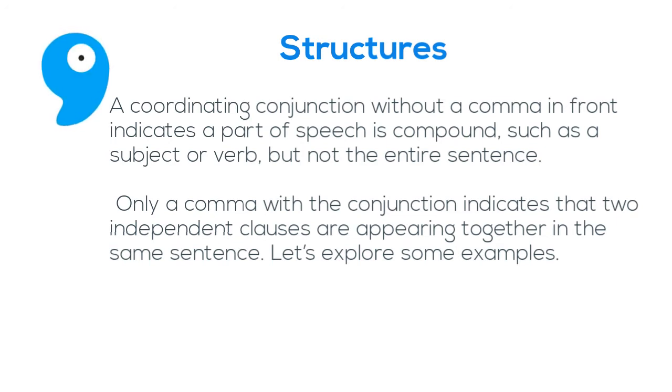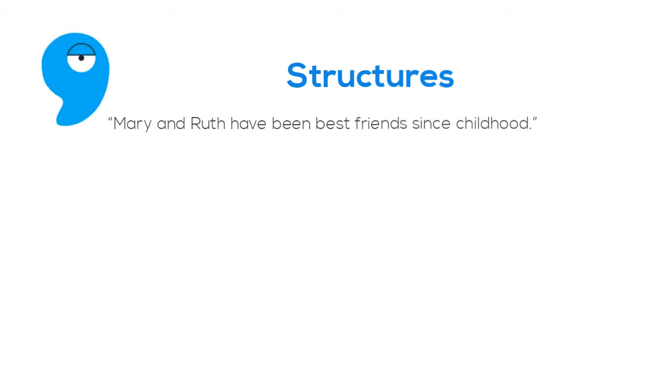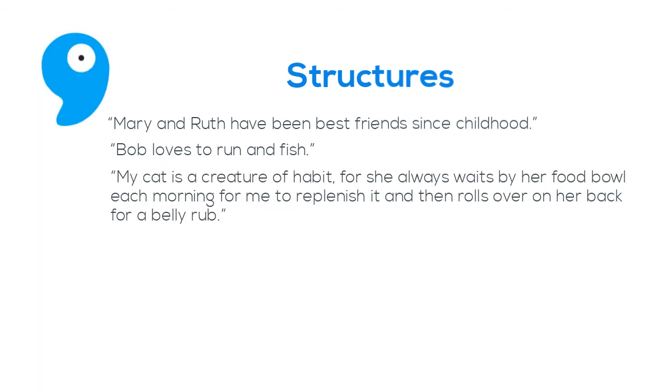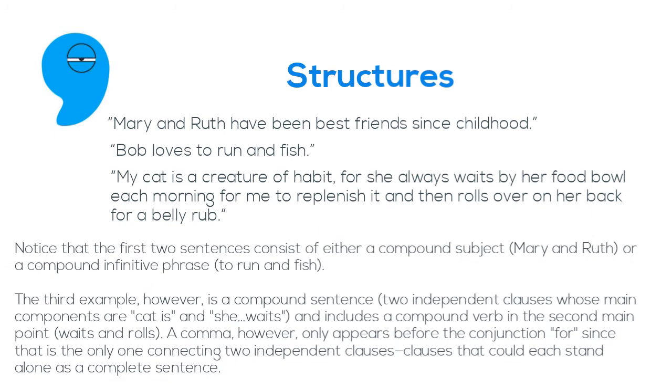Let's explore some examples. Mary and Ruth have been best friends since childhood. Bob loves to run and fish. My cat is a creature of habit, for she always waits by her food bowl each morning for me to replenish it and then rolls over on her back for a belly rub. Notice that the first 2 sentences consist of either a compound subject, Mary and Ruth, or a compound infinitive phrase, to run and fish.